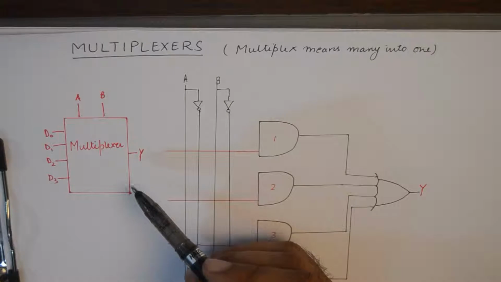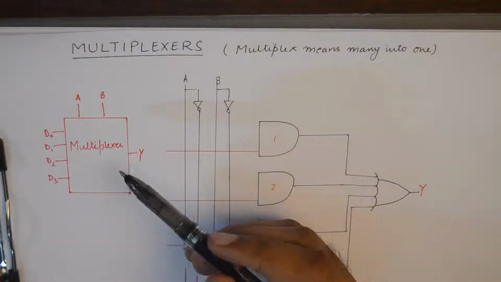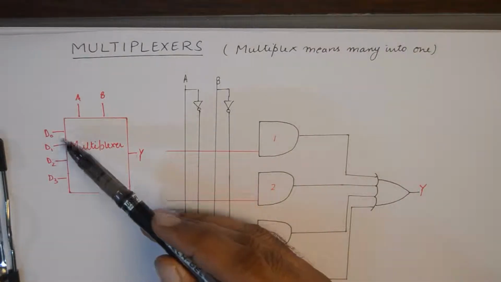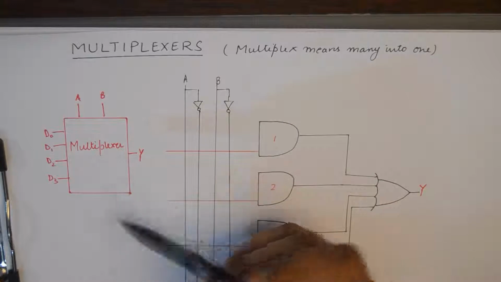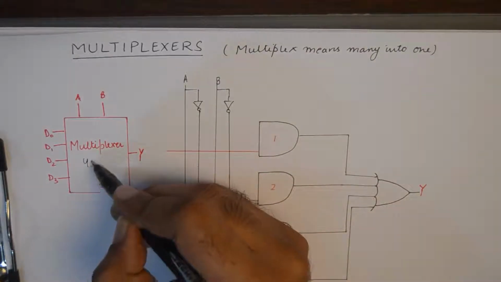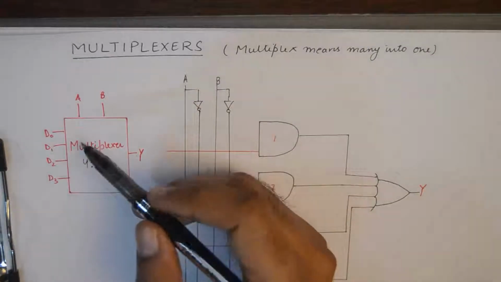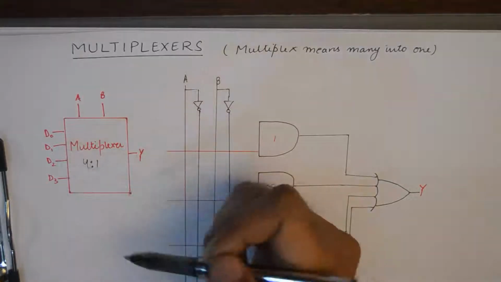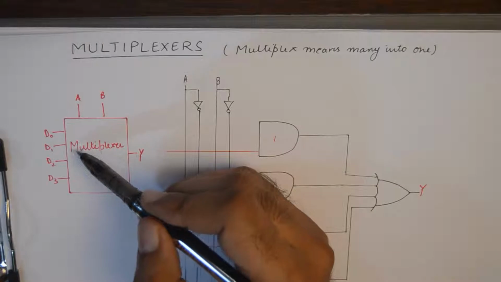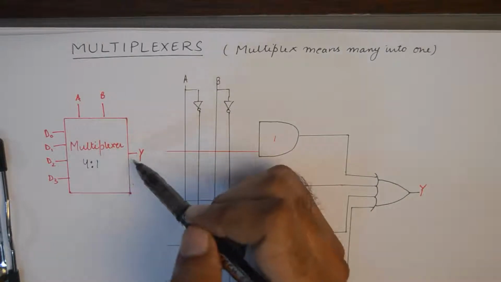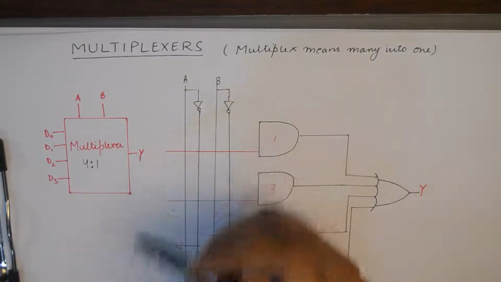diagram of a multiplexer first. As I mentioned, it has many inputs. So the task of this multiplexer is to select one of these inputs. I'm discussing a 4:1 multiplexer, by the way. So it has 4 inputs and it wishes to select any of these inputs, and forward that input to the output.